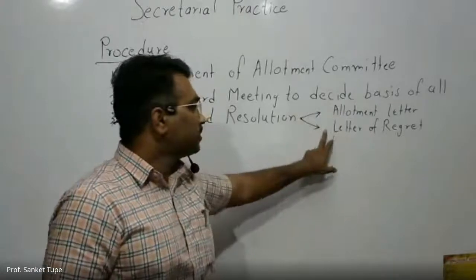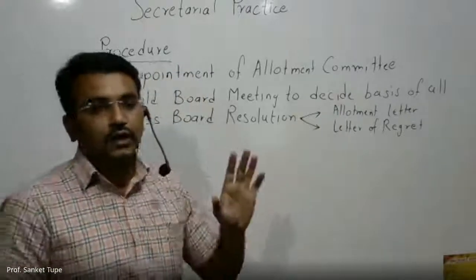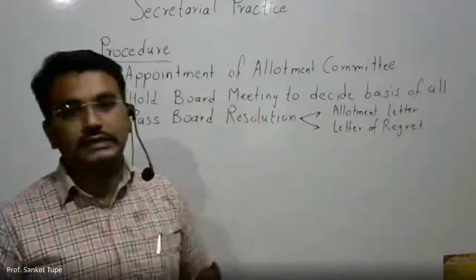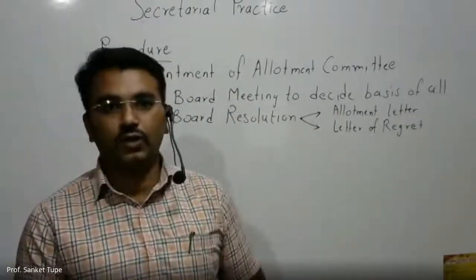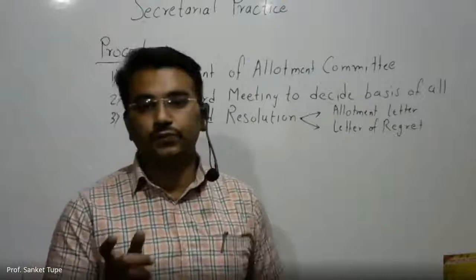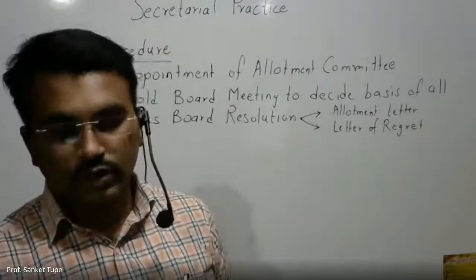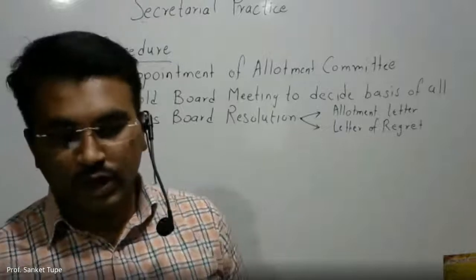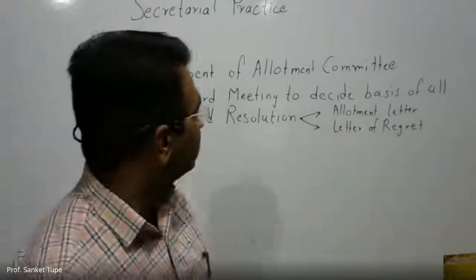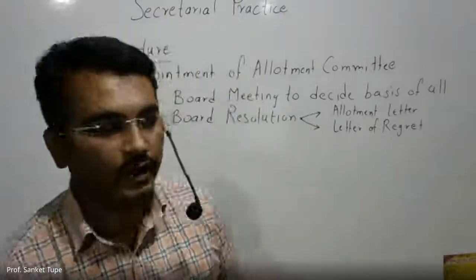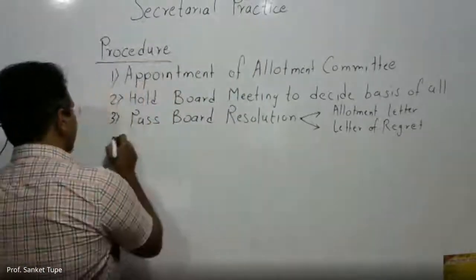If the person is not getting the shares from the company, the letter sent by the company is a letter of regret, along with the application money which he or she has paid to the company. Those letters are decided, signed by the board of directors and signed by the secretary.